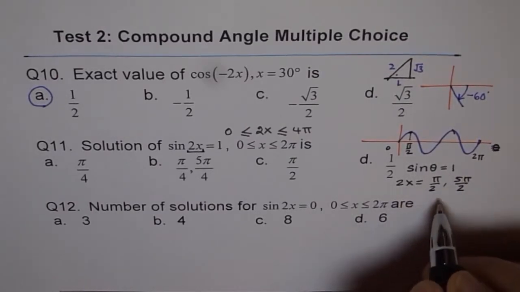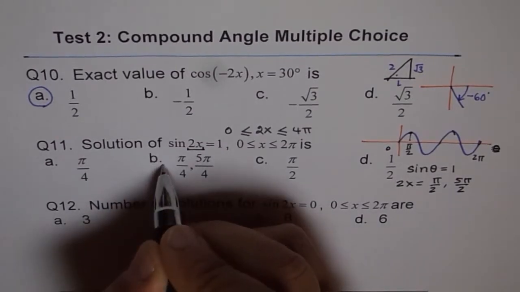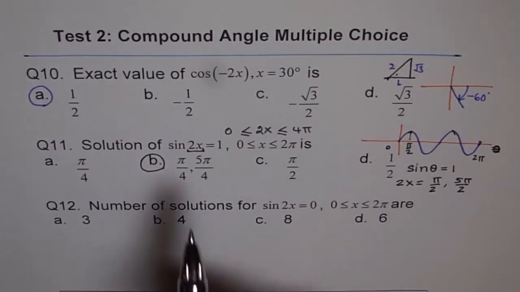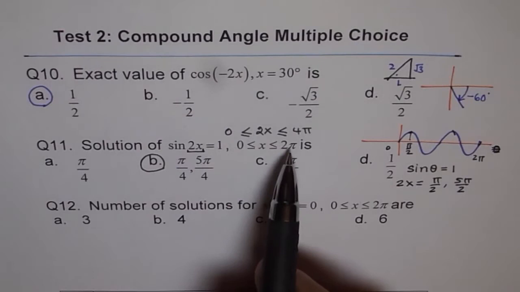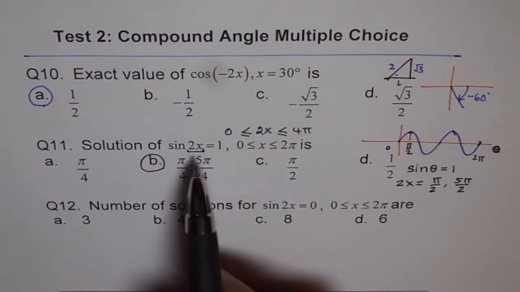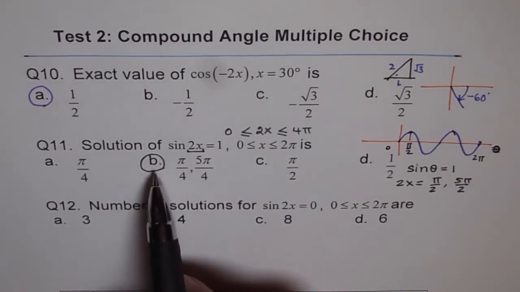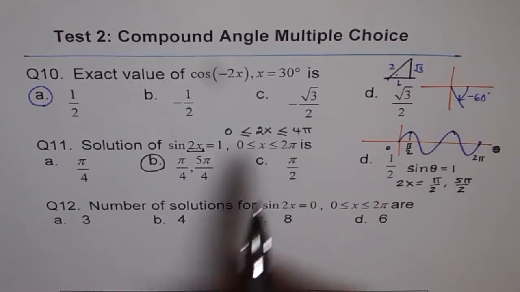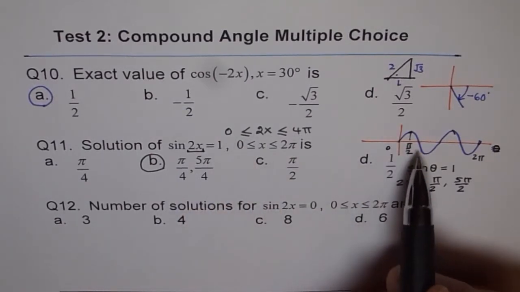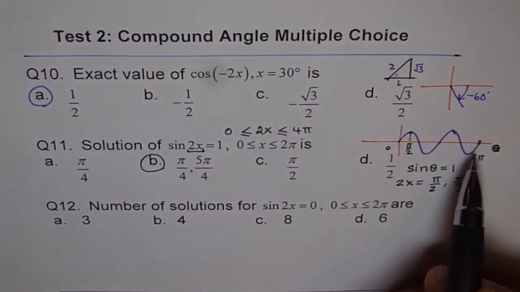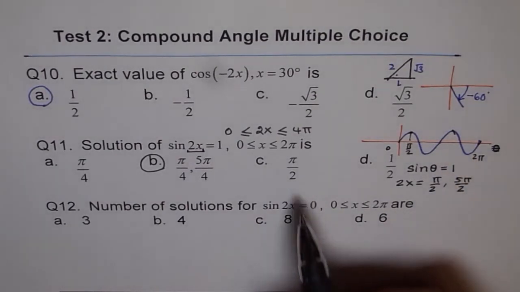And then x will be half of these. Therefore, the solution is B. So the domain 0 to 2 pi is for x. For 2x, the domain becomes 0 to 4 pi. We'll have two waves like this as shown here, and that is how you have to solve it.